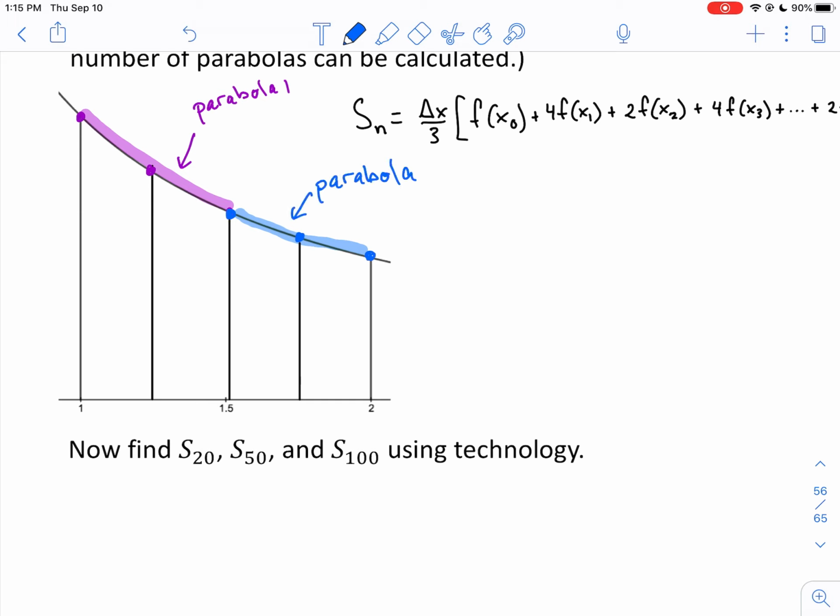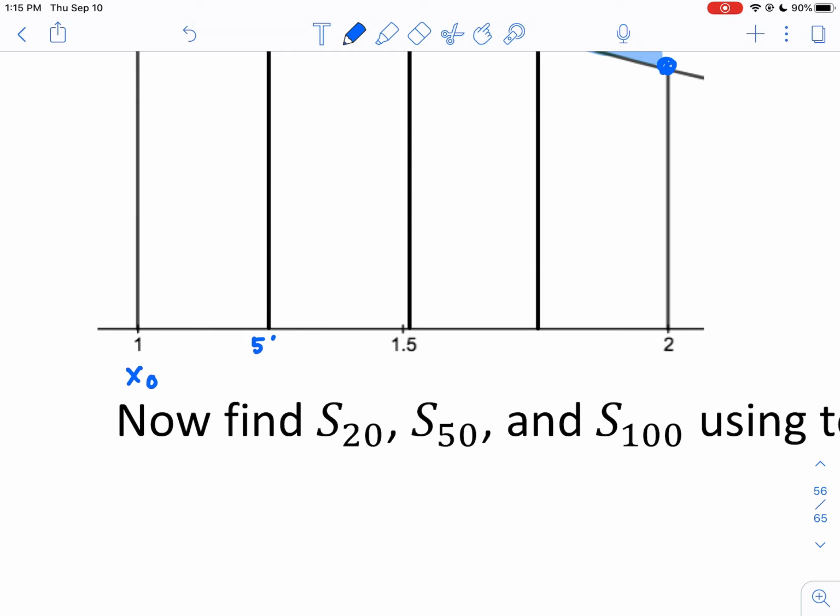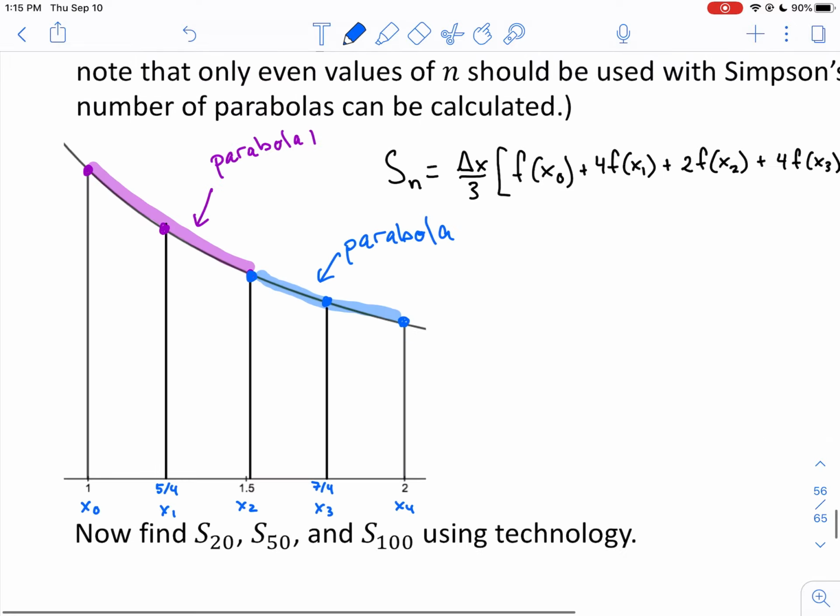Now, since we're approximating the area under a curve by using curves, using parabolas, you might expect to have a little bit more precision. Once again, the 1 here will be our x naught. The 5/4 that's right here will be our x1. The 6/4 that's here will be our x2. The 7/4 that's here will be our x3, and then the 2 will be our x4.